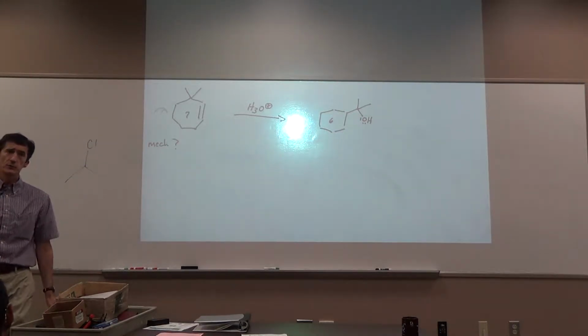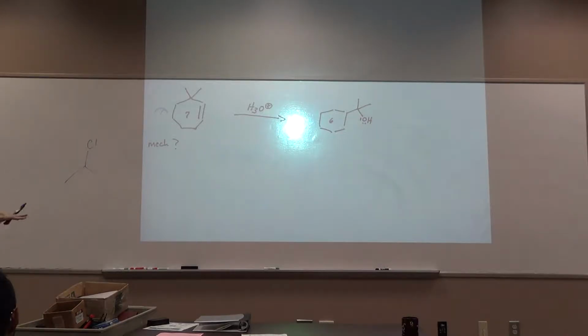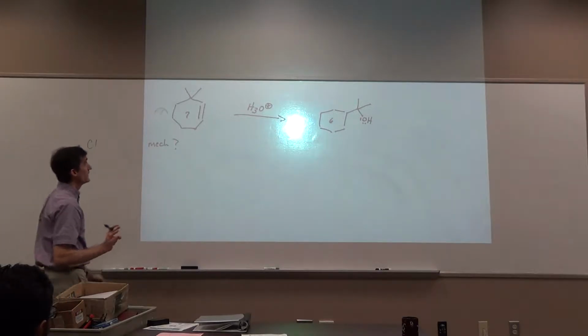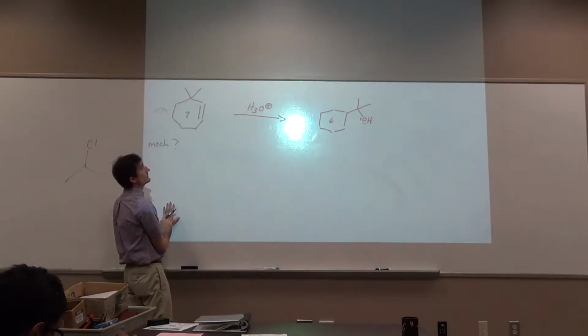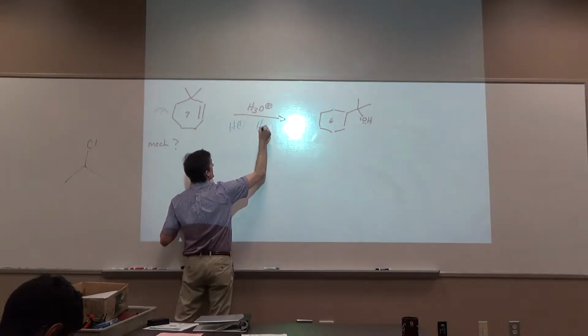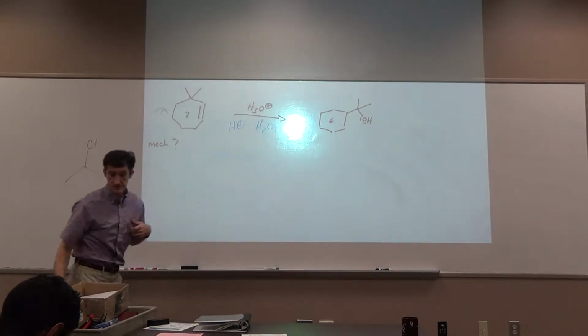Mechanism means using appropriate arrows, show all electron movement, go from here to there. Every intermediate needs to be a correct Lewis structure, with correct charges, of course, etc. How does this happen? That's what we're showing by mechanism. We have H plus in water, right? That's what that means, yeah?